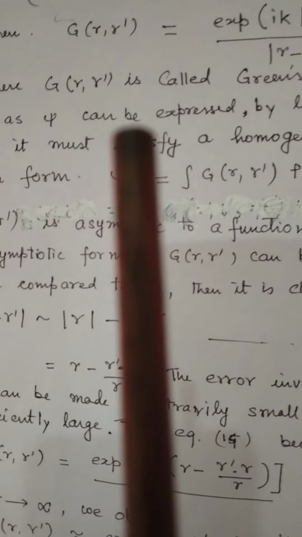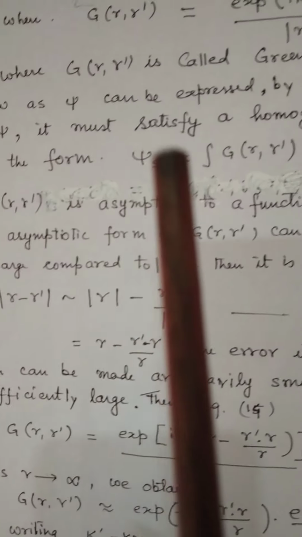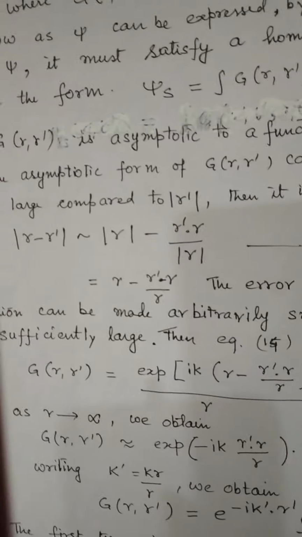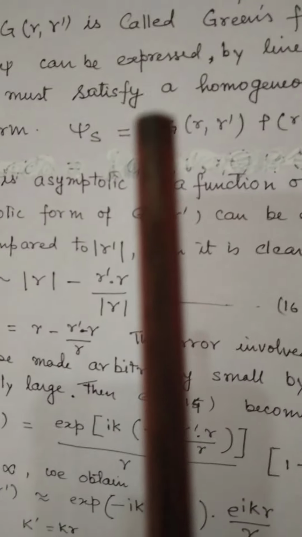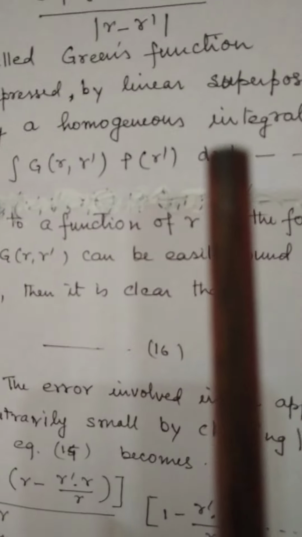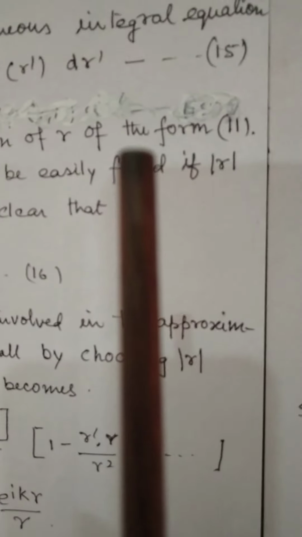Now, as psi can be expressed by linear superposition of psi, it must satisfy a homogeneous integral equation of the form psi s equals the integration of g r r dash rho r dash d r dash. Let it be equation number 15. Now, where g r r dash is asymptotic to a function of r of the form in equation number 11.